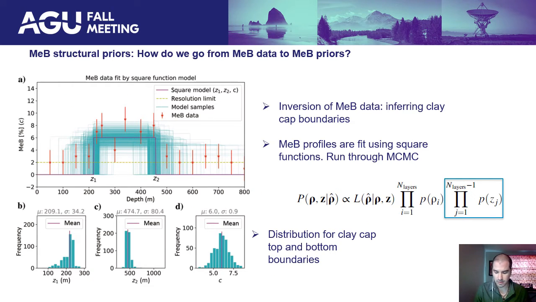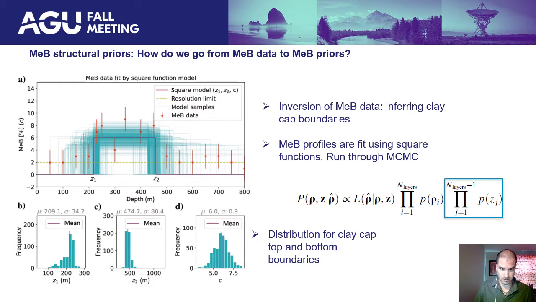Now, one of the essential parts to understanding our work is how we go from methylene blue data to methylene blue priors. What I'm showing here in the first panel is methylene blue data from a well in the Wairakei Geothermal Field. The data is shown by the red asterisk. In a Bayesian framework, we invert this methylene blue data using square functions.